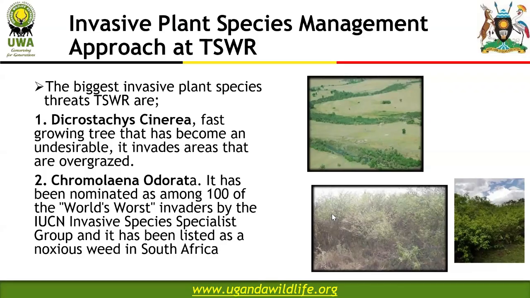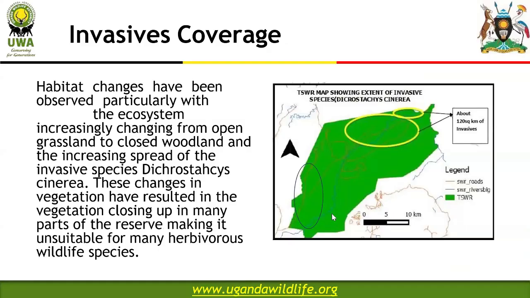It is a big threat to most of the protected areas in Uganda, including Queen Elizabeth, Murchison, Kidepo, and all the parks that have been affected.